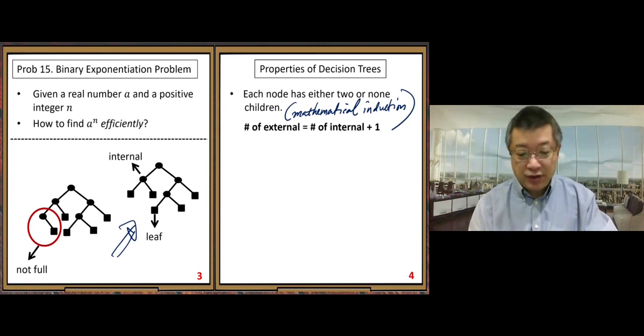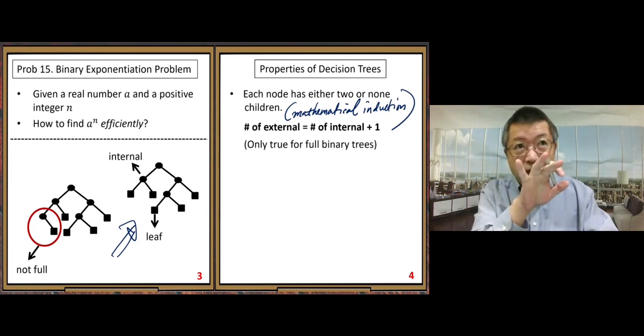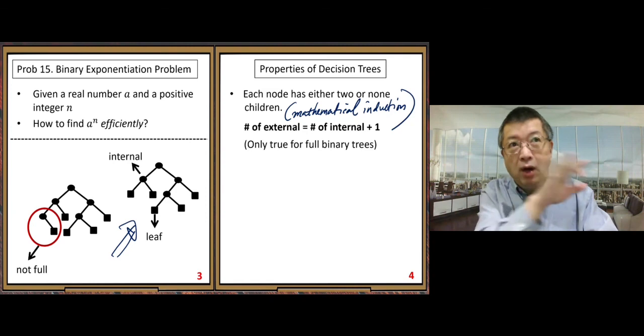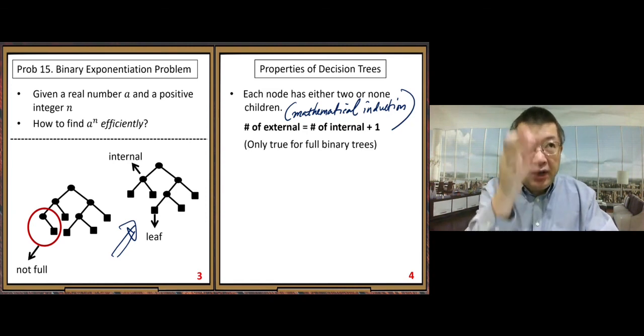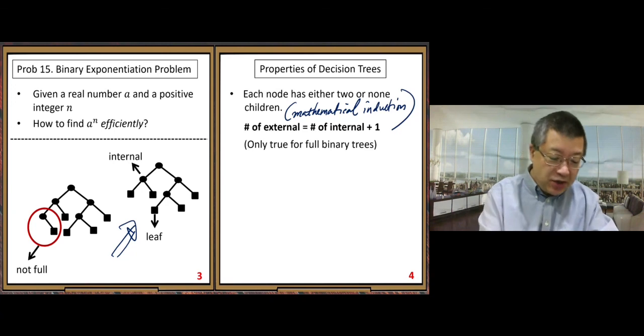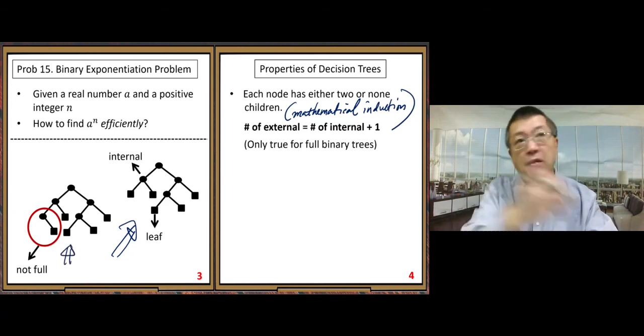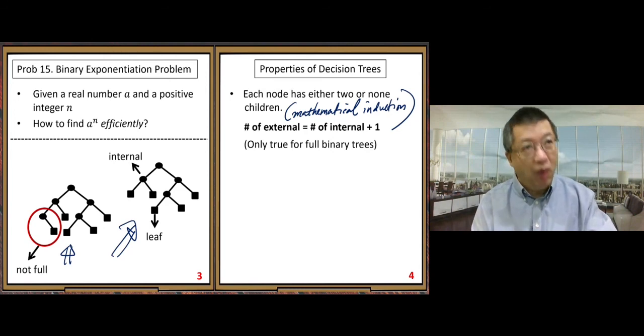This equation or property is only true for a full binary tree. If it's not full, this case won't be true.